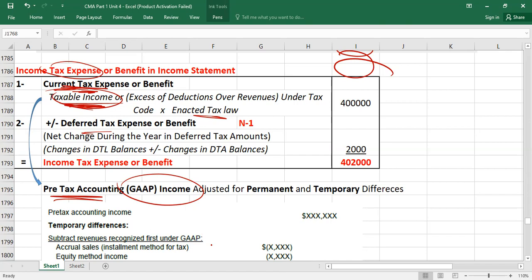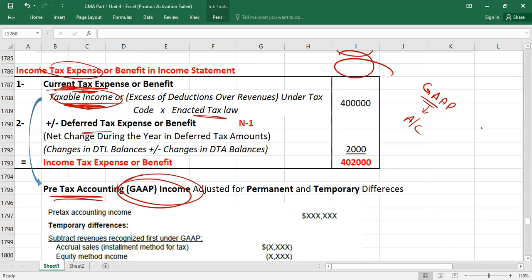And now I'm moving to the main side. I need concentration. Please remember this, and then I'll explain other definitions also. First, I'm going to tell you why your GAAP income, meaning accounting income, could be different from taxable income, which is adjusted as per tax law. I'm using two terms here. GAAP income is the profit under financial accounting.